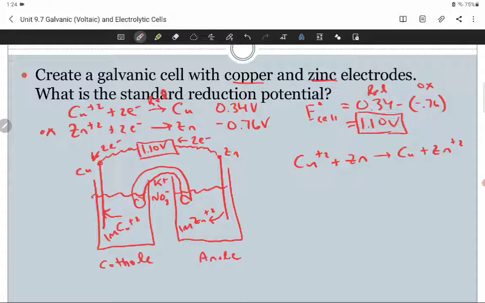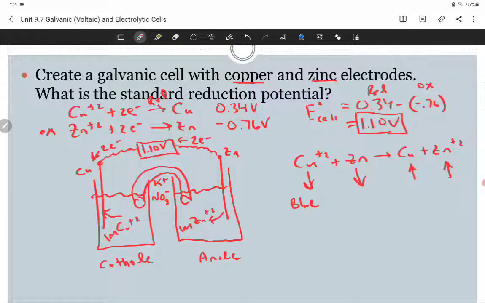Okay, before we move on, what would we see happening? So reactants would go down in concentration, or grams if it's a solid, and then products would go up. This is blue. So the blue color over on the cathode side in the solution should get faded away over time.